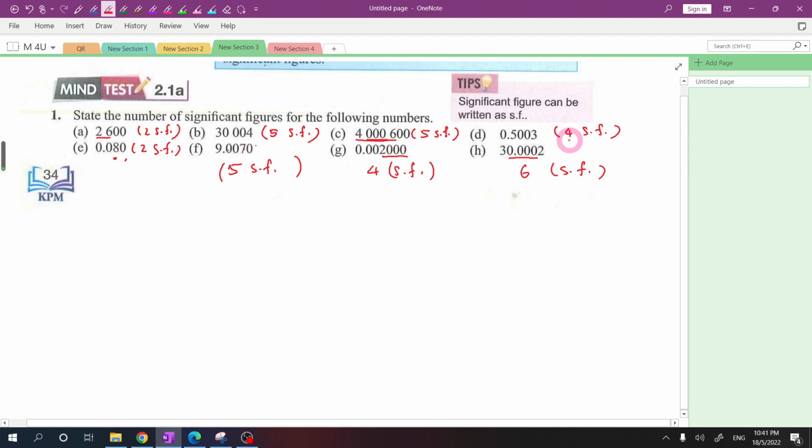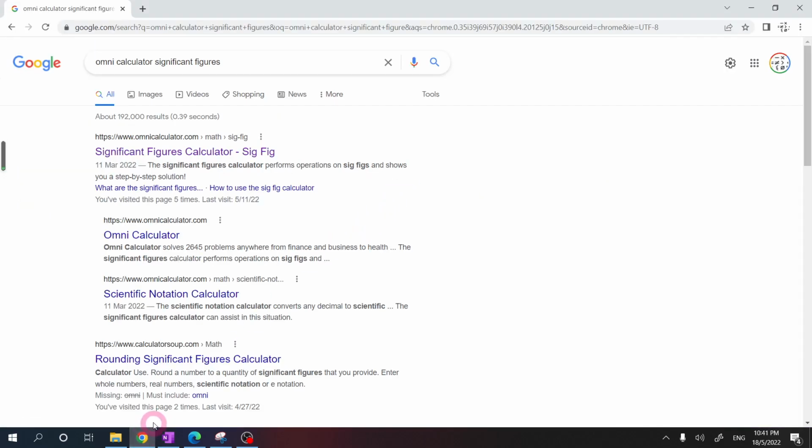If you are still not really sure, you can go to Google and type Omni calculator. I don't know whether I pronounce it correctly or not. OMNI calculator, followed by significant figures. Then go to this website.